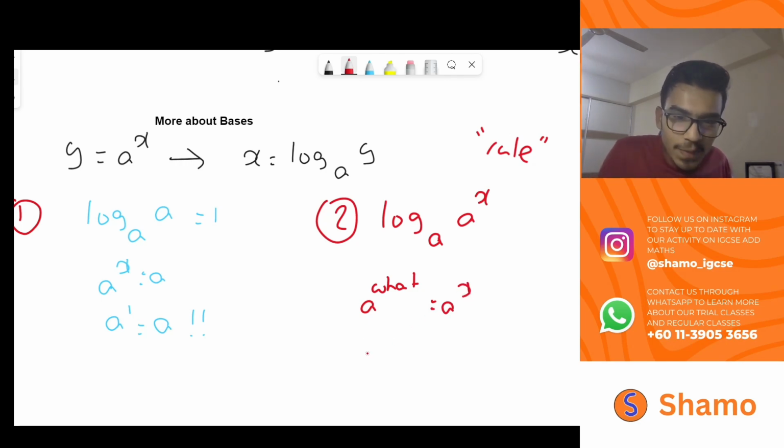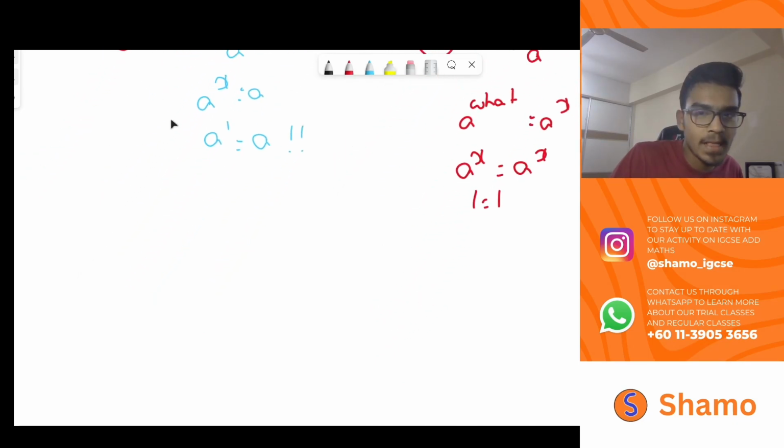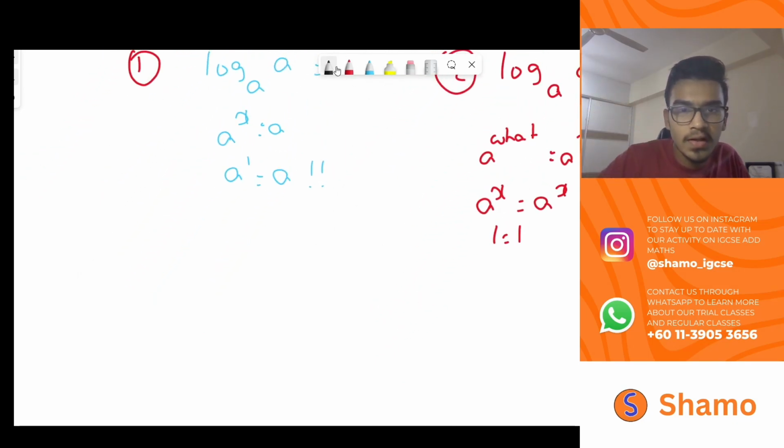A power x gives you a power x, right? It's like saying 1 is equal to 1. So a to the power what gives you a power x? Just x. Simple.